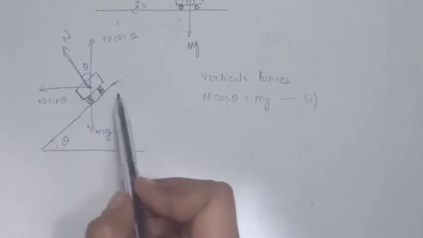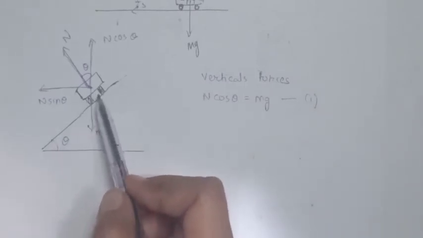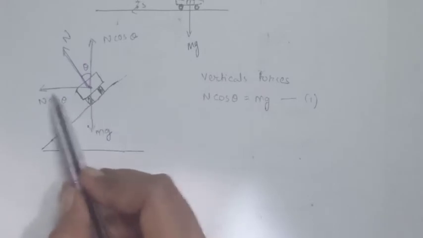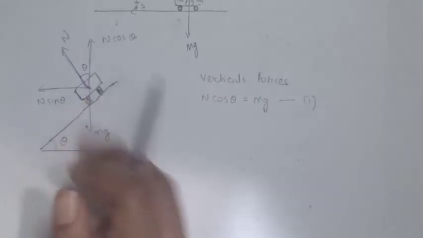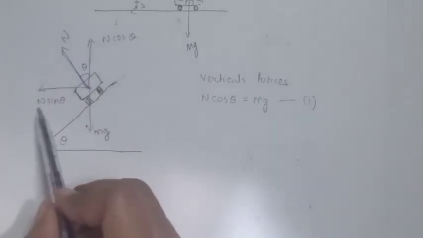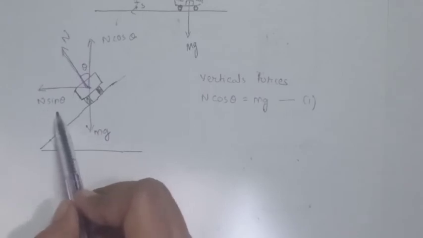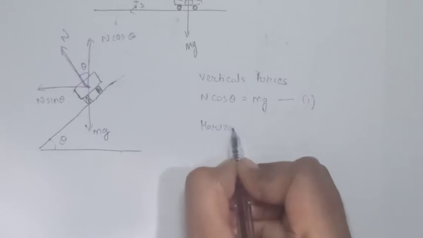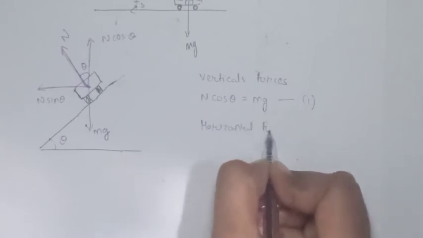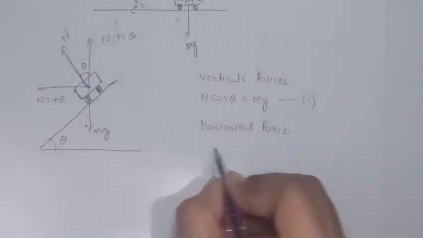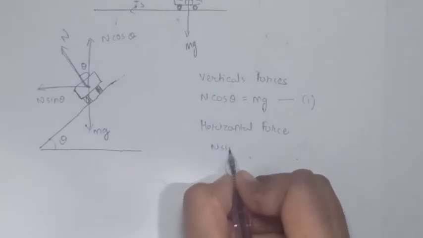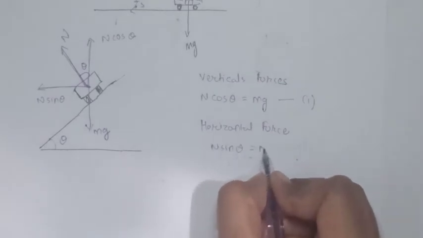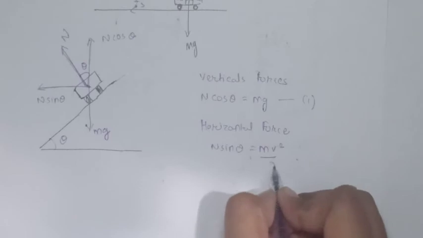Now horizontally, the net force, of course the centripetal force as it is performing circular motion, is given by N sin theta. So the horizontal force is given by N sin theta equals mv squared by r.